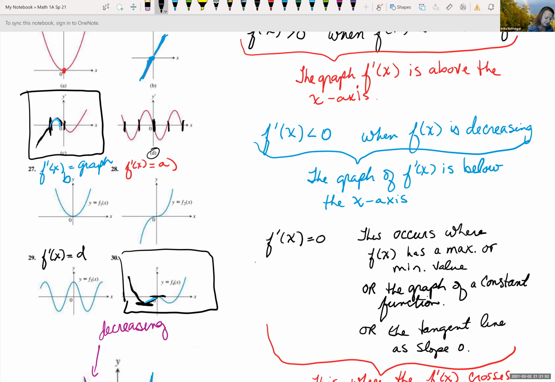It's going to cross the x-axis there or touch it. This is decreasing, so it's going to have to be below the x-axis until I hit this min. So it does go below the x-axis until I hit the min. And then when it's increasing the rest of the piece, this has to be above the x-axis after that min, which it is. And so it does match up. And so I can say that this graph f prime of x is C.